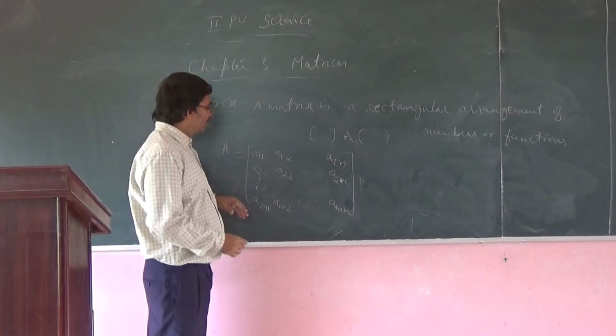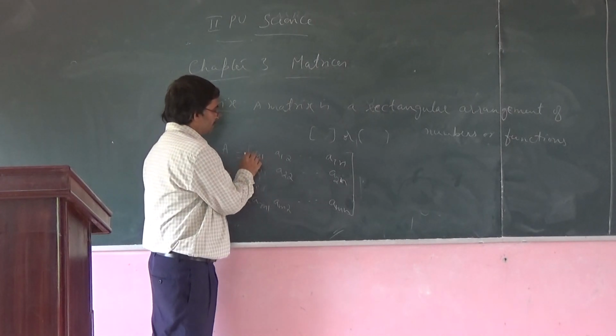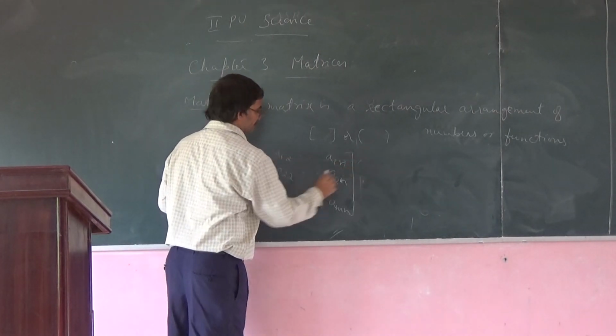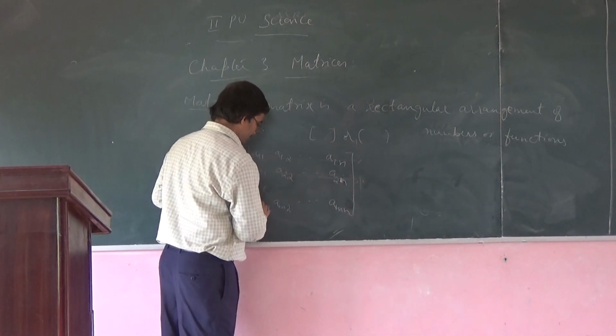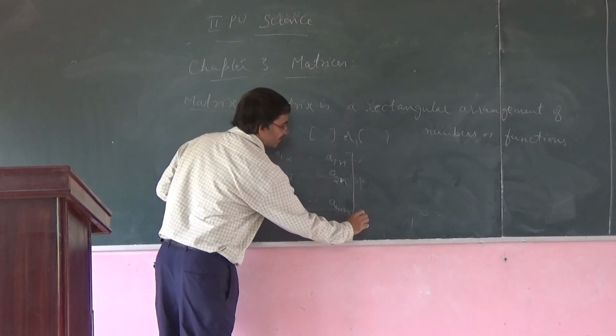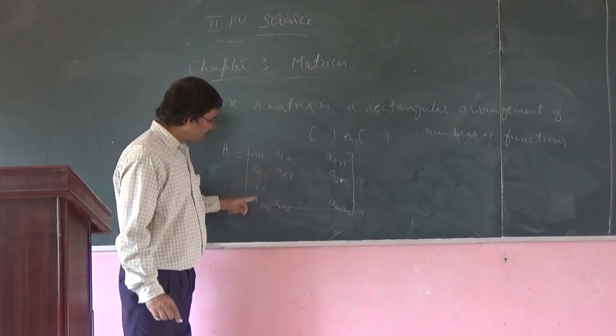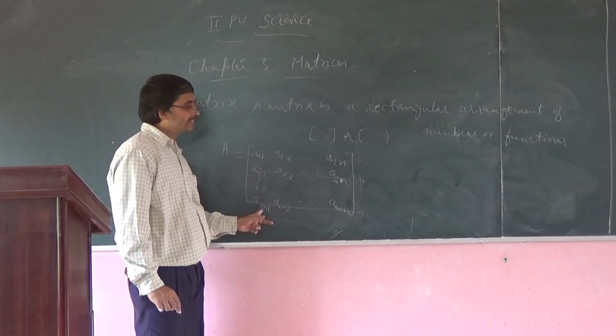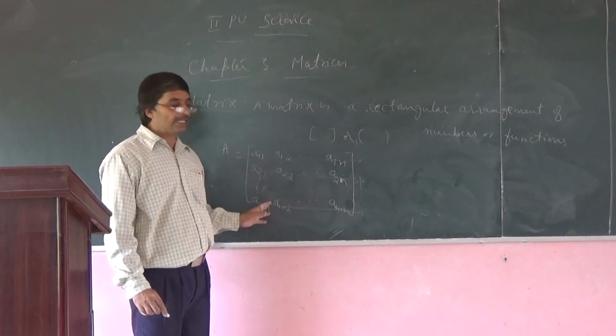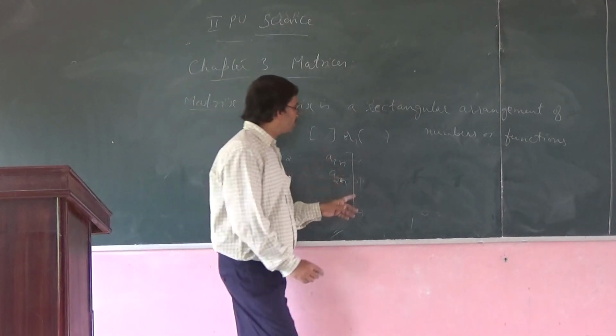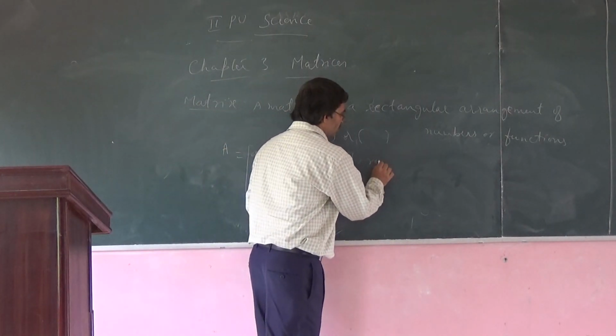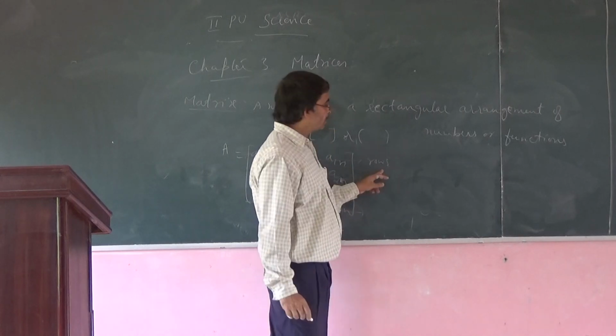Now you can observe, this is one horizontal line, this is another horizontal line. There are 1, 2, up to m horizontal lines. These horizontal lines constitute what are called rows.